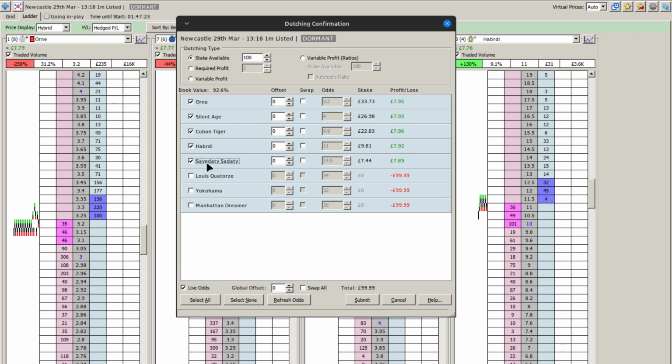So say for example I wanted 5 runners in there, I say okay, this Dutch will get me £8. If one of those runners wins, I'll lose the 100 if the other ones lose. So in other words, the more runners I have in a Dutch, the more likelihood I am not to try and trade out. So I always typically tend to limit my Dutch to 2 or 3, very occasionally 4.